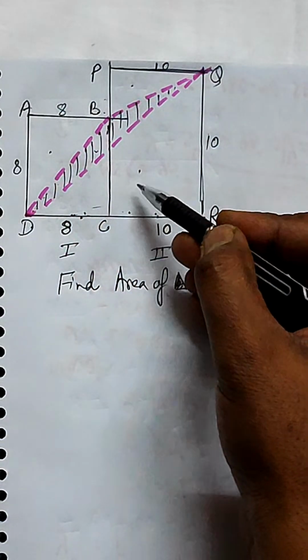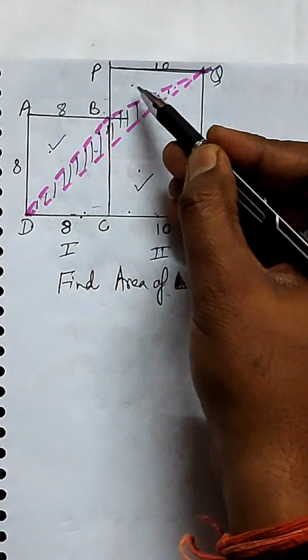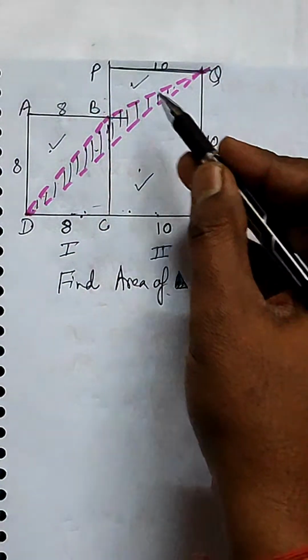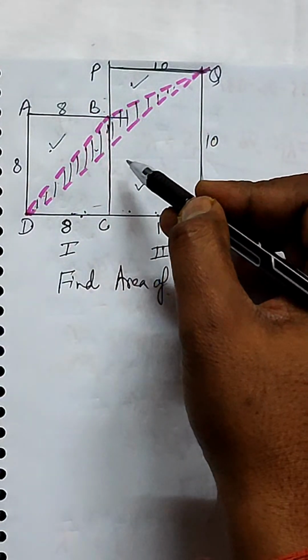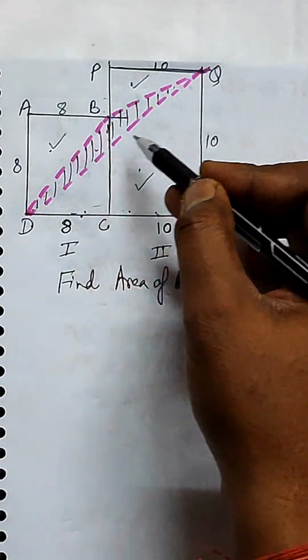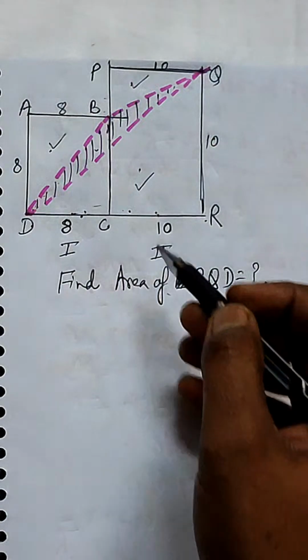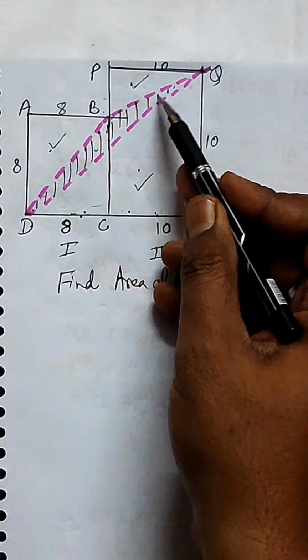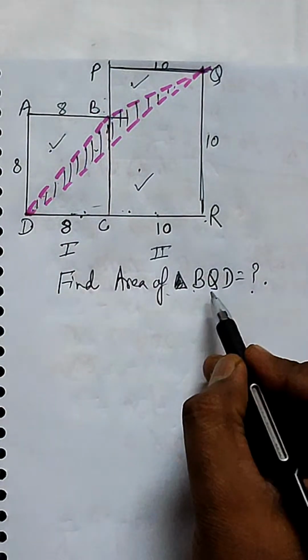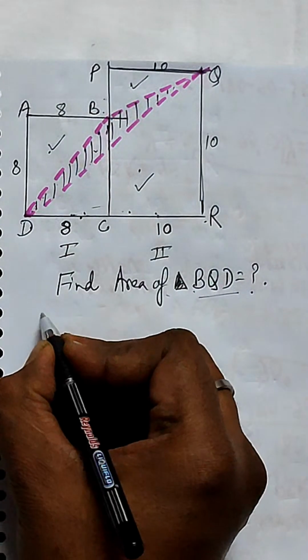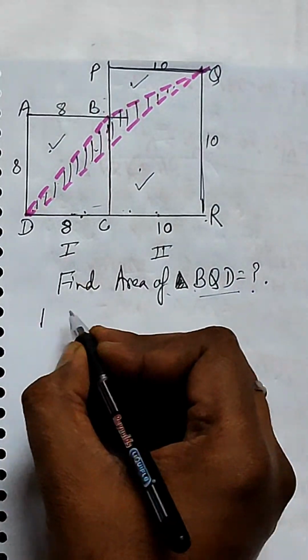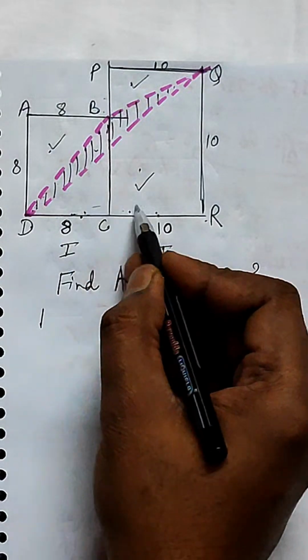If you calculate the area of these three triangles and subtract them from the total area of both these squares, you will get the area of triangle BQD. We will find it.